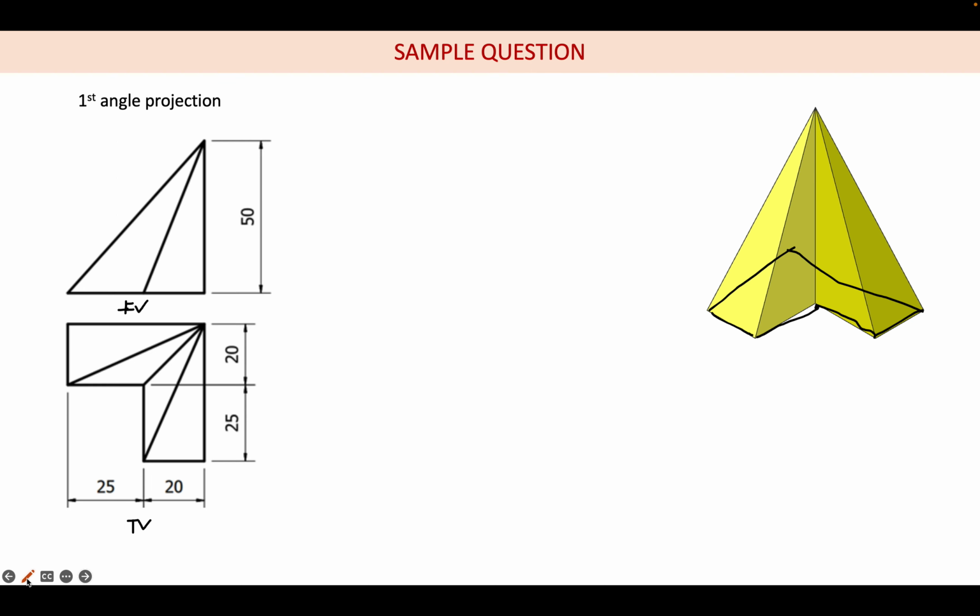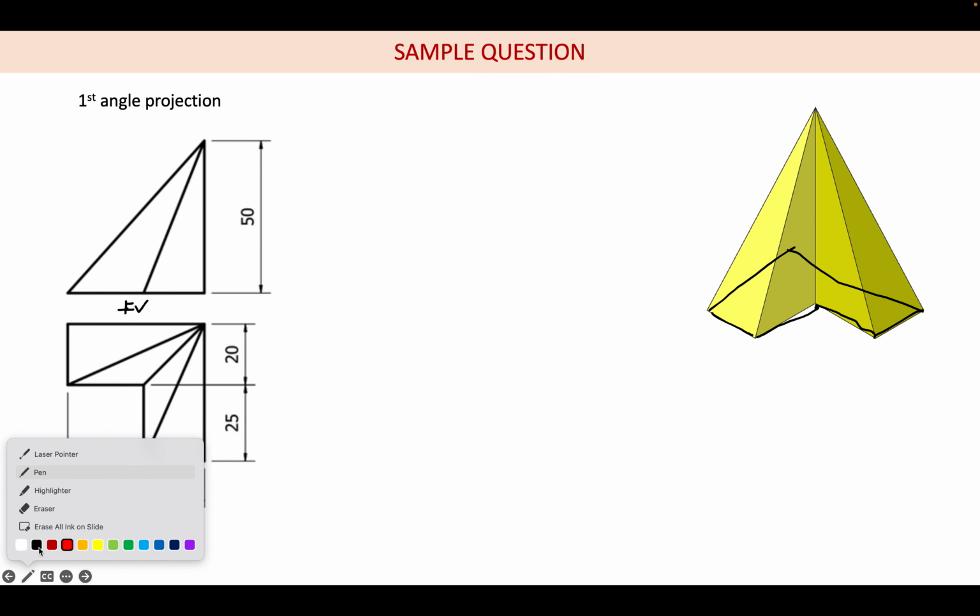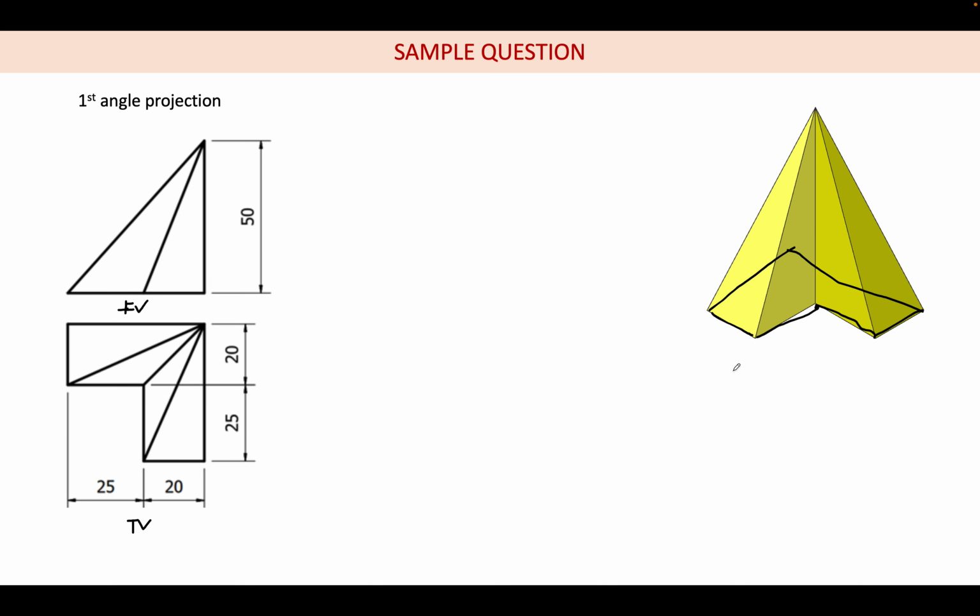Essentially, suppose let's say this is surface 1, this is surface 2, this is surface 3, this is surface 4. So if this is front view, in front view you will be able to see 1 and 3. In top you will be able to see all. So this will be 4, this will be 3, this will be 2, and this will be 1. Are you following what is being done here?